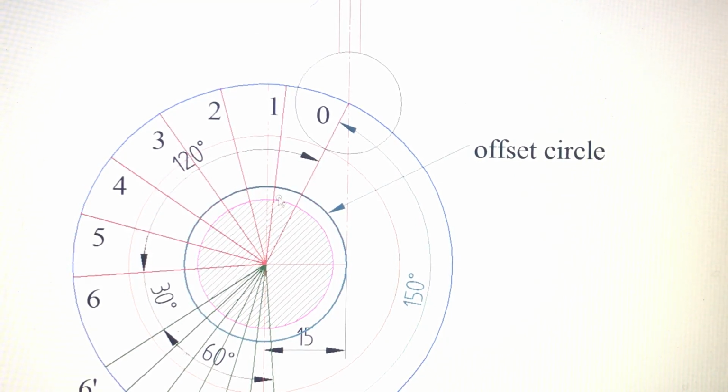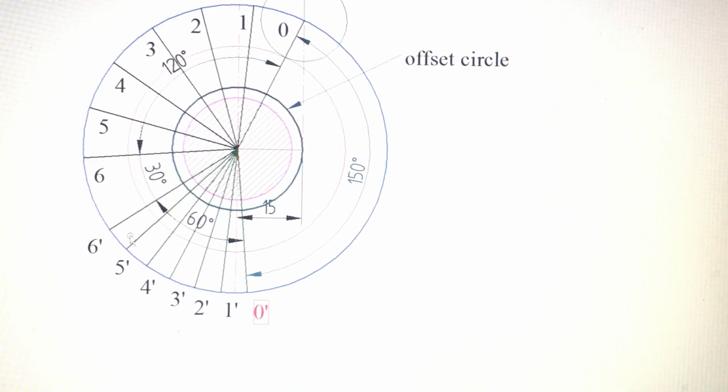You just keep your protractor by taking this as a line of reference and take 20 degree, 20 degree, 20 degree. Just mark on the circumference of the prime circle. No need to draw these lines. Likewise for angle of return. After dividing into equal even number of parts, you name it 0, 1, 2, 3, 4, 5, 6 and 6 dash, 5 dash, 4 dash, 3 dash, 2 dash, 1 dash and 0 dash. This is the third step.